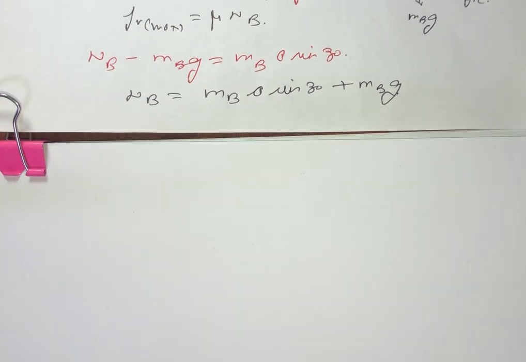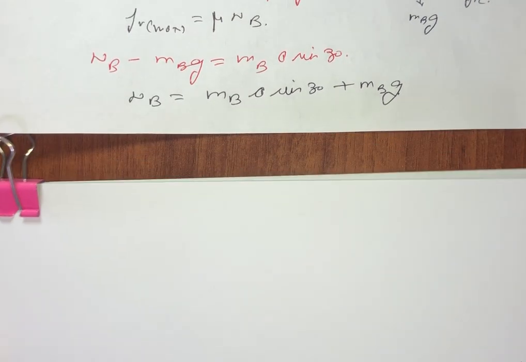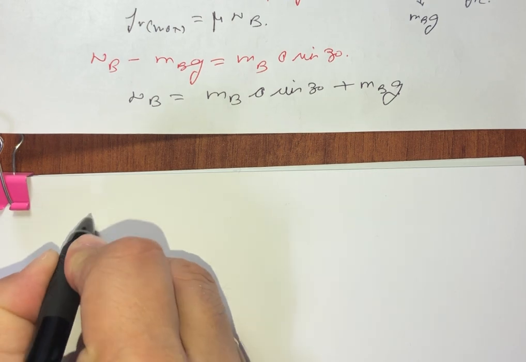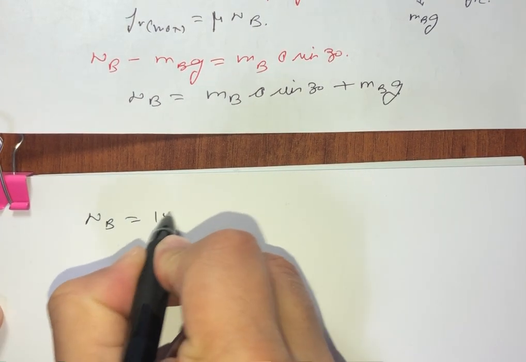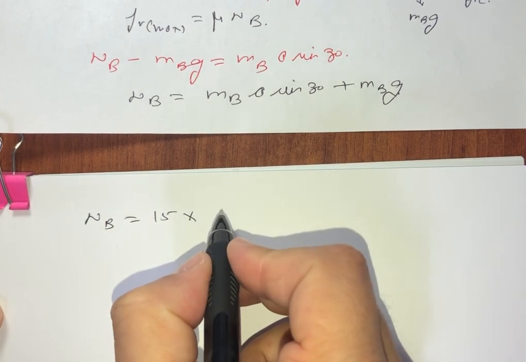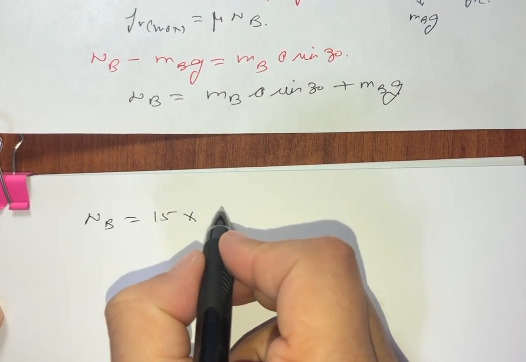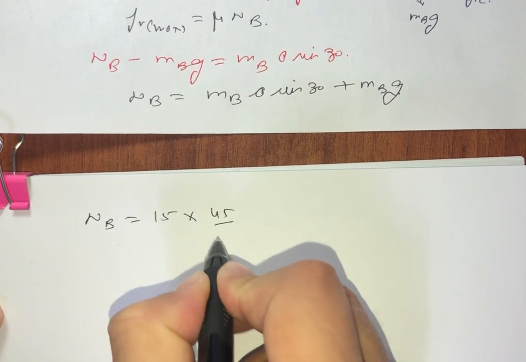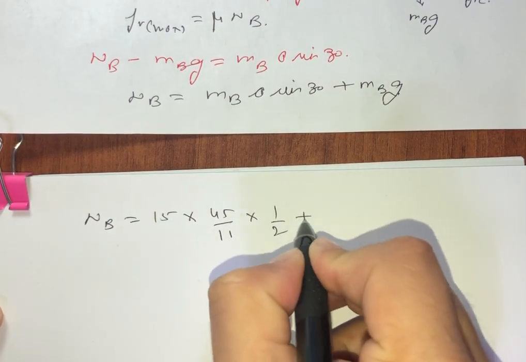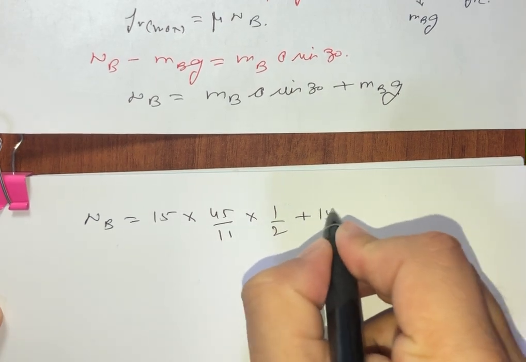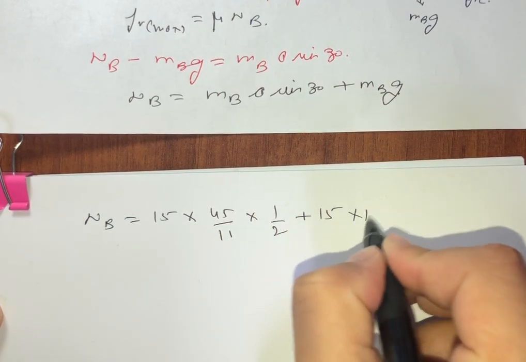We substitute the values. NB is 15 multiplied by acceleration A, which is 45 by 11, and sine of 30, that is 1 by 2, plus MB which is 15 multiplied by G which is 10.